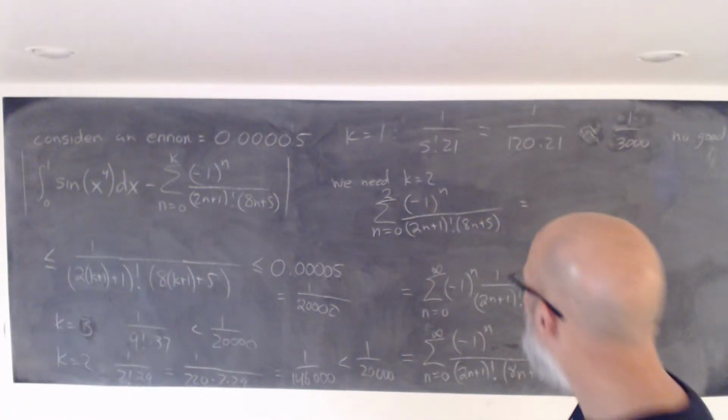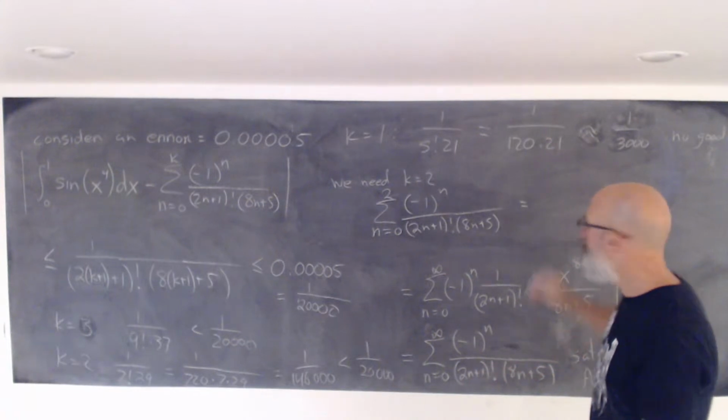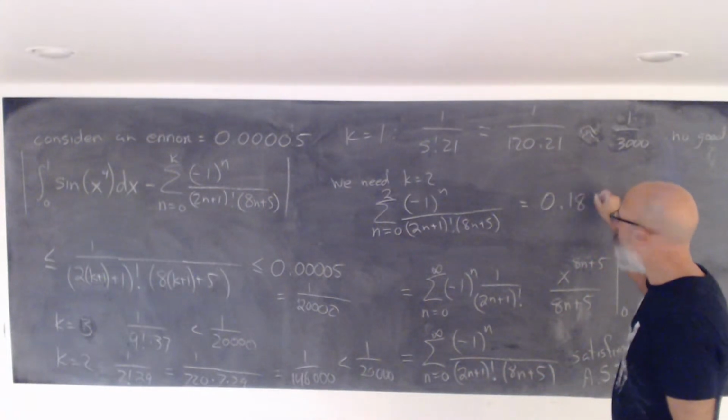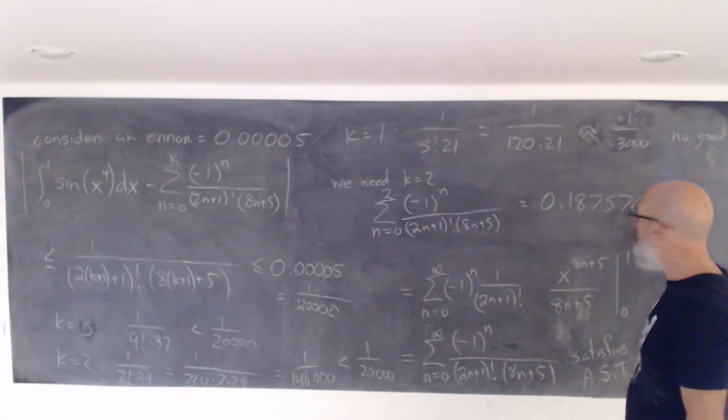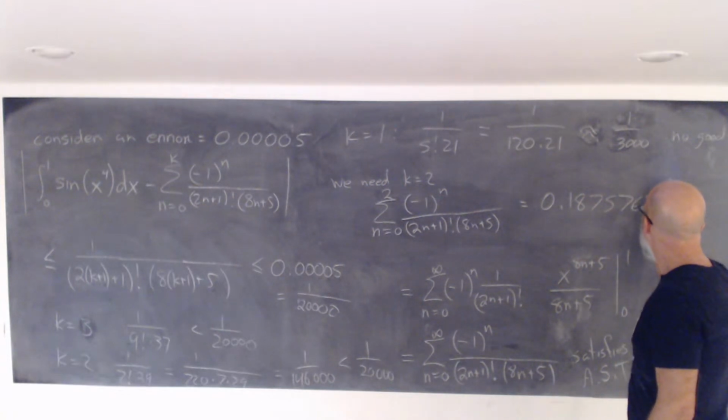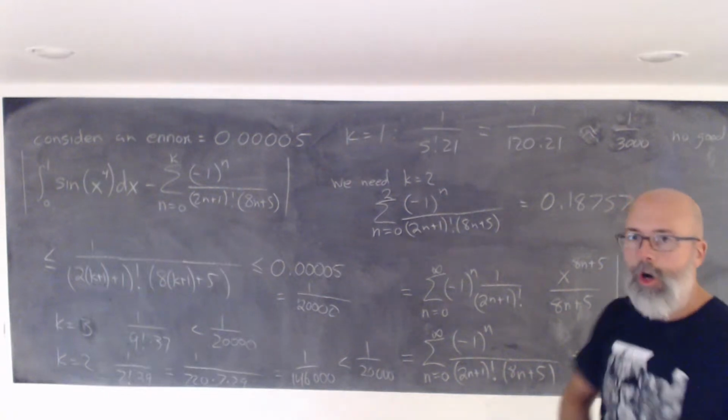Wolfram Alpha tells us that this is 0.1875, 7631 25, and so on and so on.